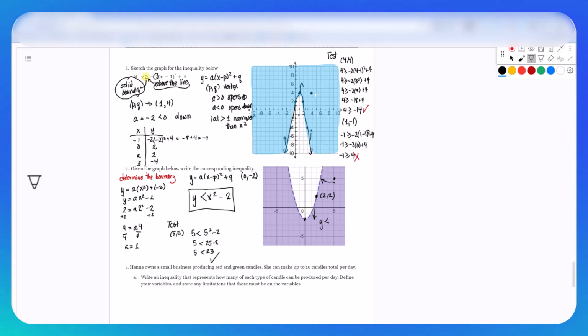We're good. Let's test one outside the boundary region. Let's pick 0 and 5. So we have here 5 is less than 0 squared minus 2, or 5 is less than negative 2, and certainly that does not work. And so this shaded area represents the solution set for y less than x squared minus 2.